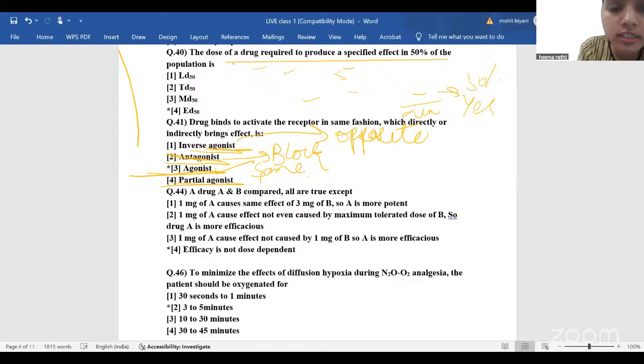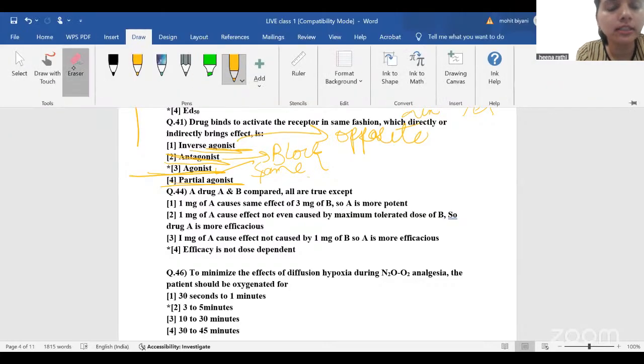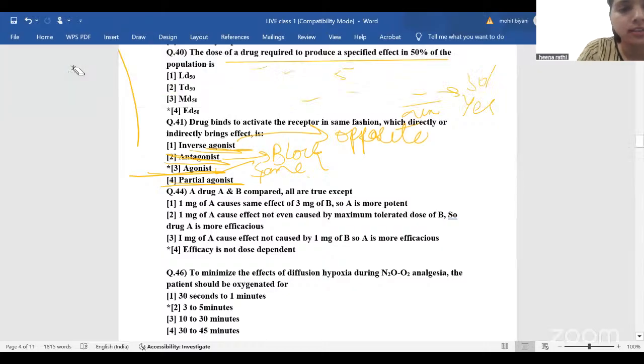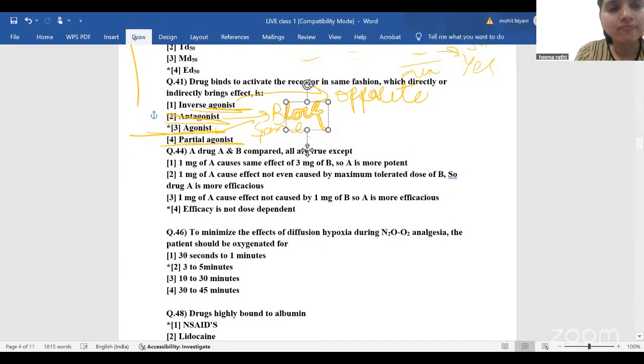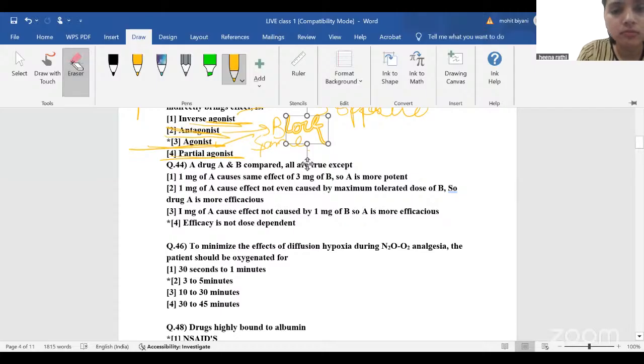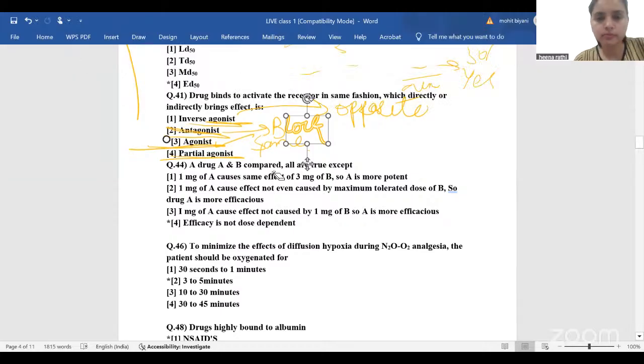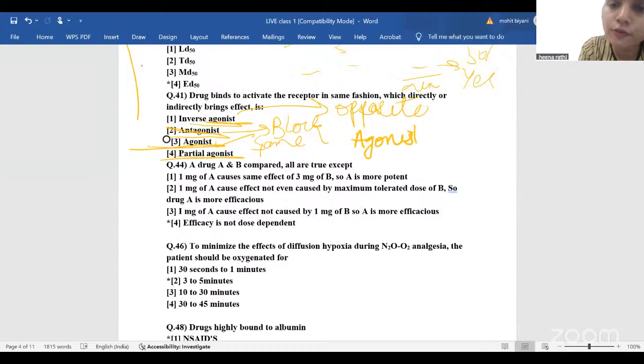If we want to understand this in a better way, suppose the agonist has effect 1.